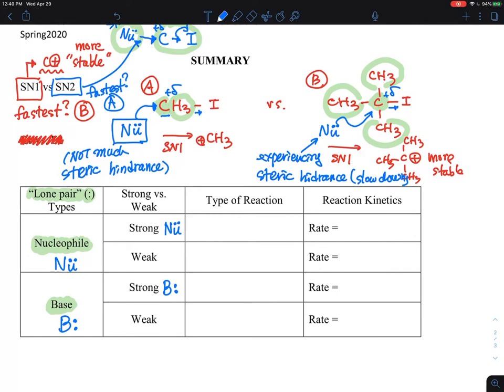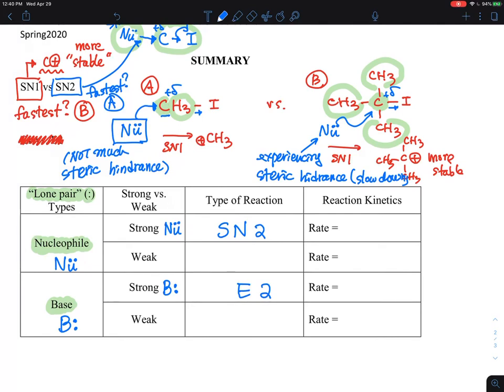When they are strong, it is inducing the reaction. The nucleophile is part of the reaction, so it is bimolecular. This is a nucleophile, so it is a nucleophilic substitution, and if it's a base, E2 is the reaction type, right?